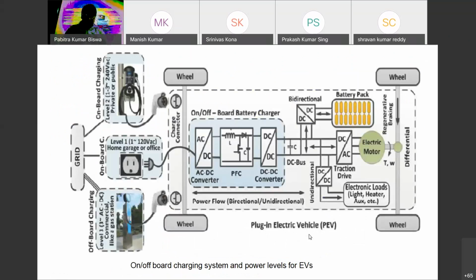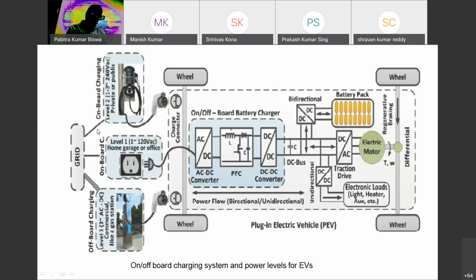Now, on and off board charging system of power level electric vehicle system. Here the total layout is given when we are using a PEV or plug-in electric vehicle. So we are considering on and off board.